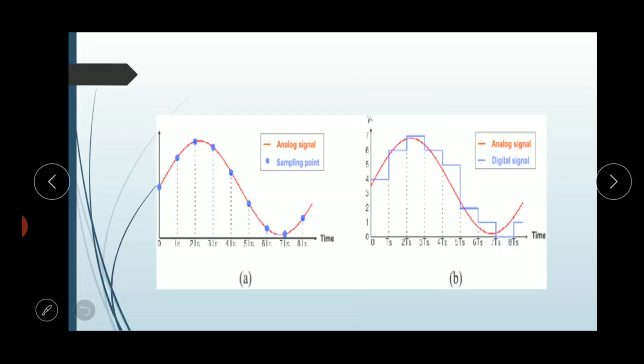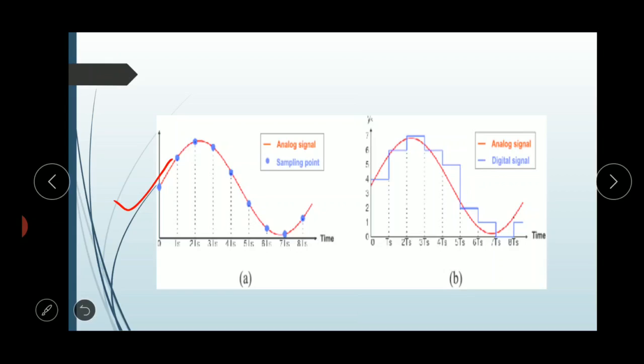Here you can see in this diagram, the continuous time signal is first converted to samples. Then these samples are compared with predefined levels. These are the levels: 1, 2, 3, 4.